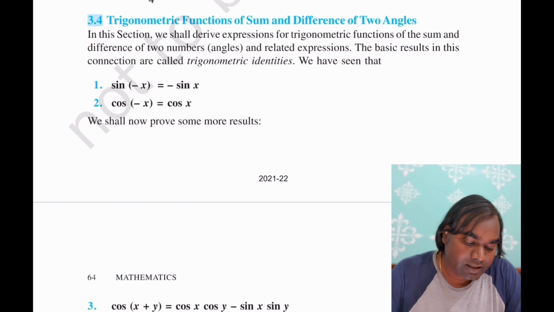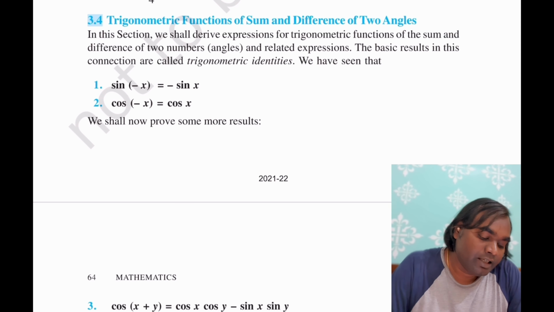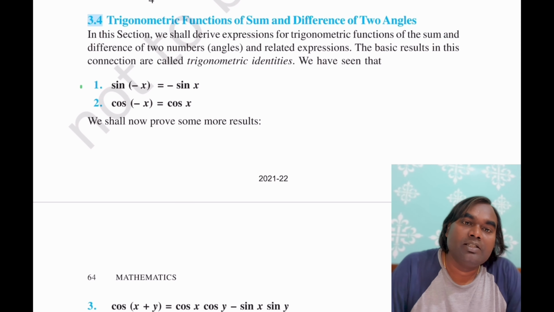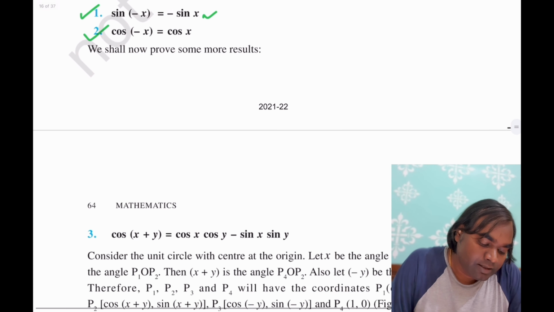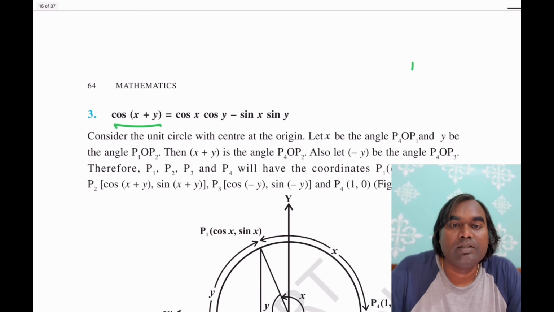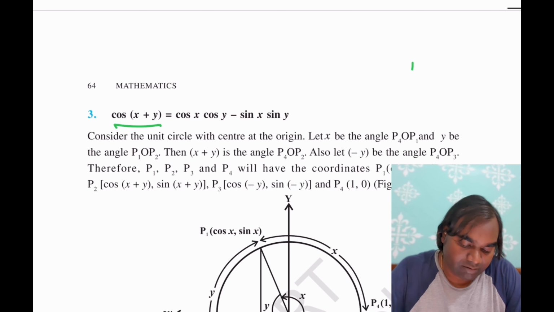So let us derive expressions for trigonometric functions of the sum and difference of two angles or numbers. As you know, sin of minus x is equal to minus sin x and cos of minus x is equal to cos x. Now let us prove cos(x plus y) is equal to cos x cos y minus sin x sin y.